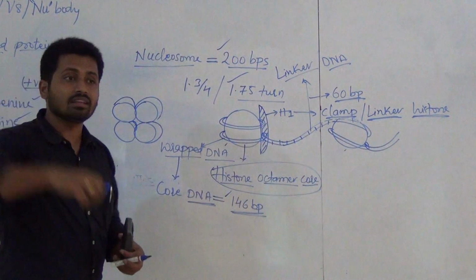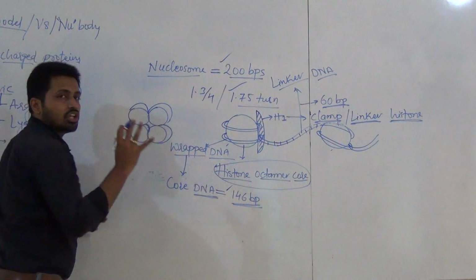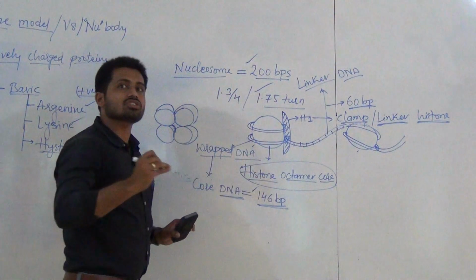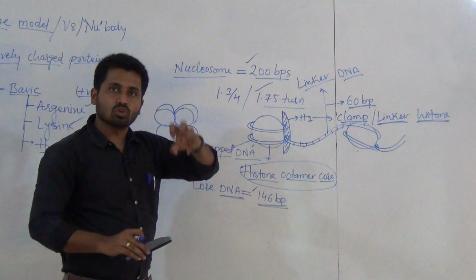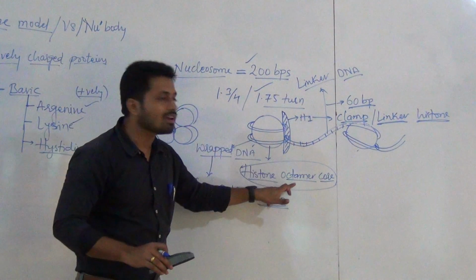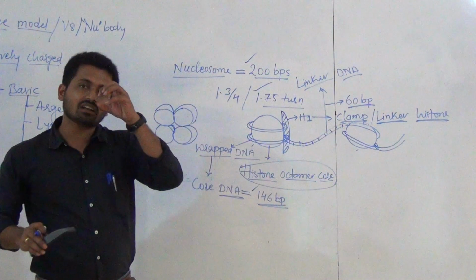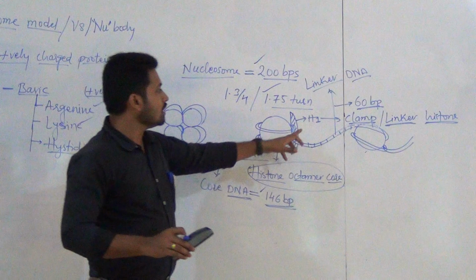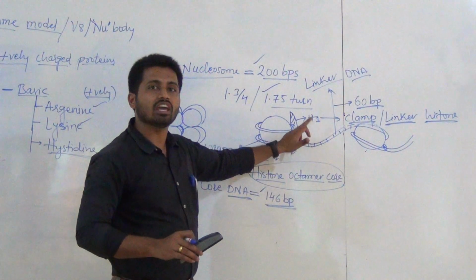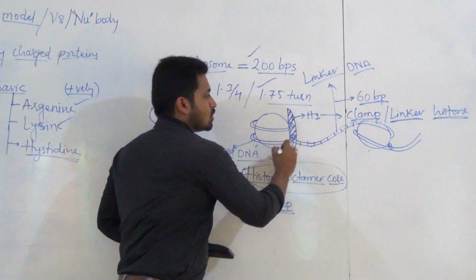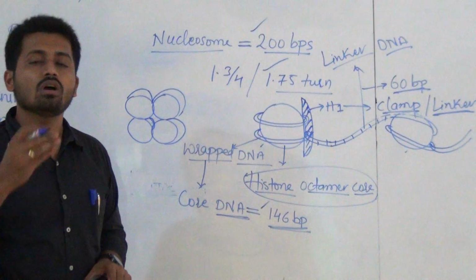An important function of H1 is it holds the 8 protein molecules which form an octamer. The histone octamer stays the same size without splitting due to the clamping or support given by H1. This is H1. So like this, DNA is going to pack here.